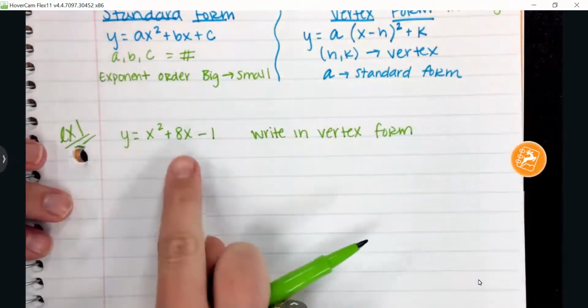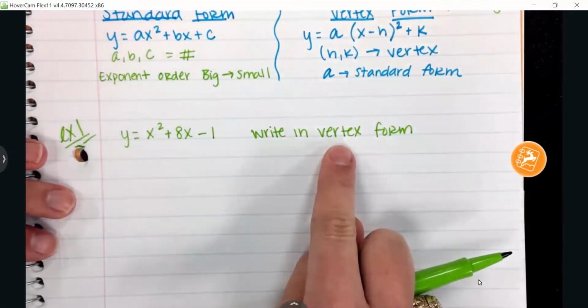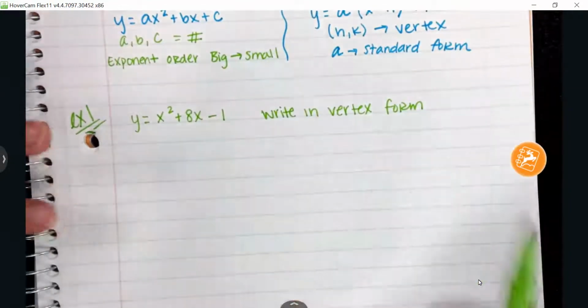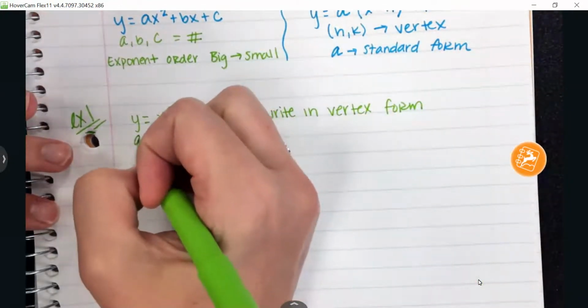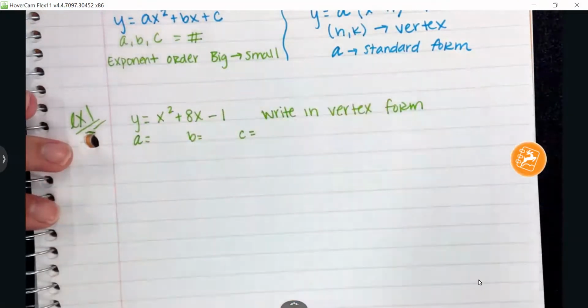So I am changing from standard form to vertex form. If you do these 3 steps that I'm going to show you, it's as simple as I can make it. So, very first step, I need an A, a B, and a C.